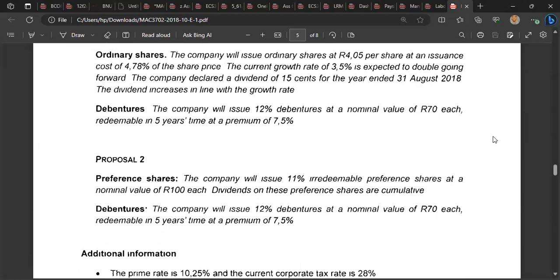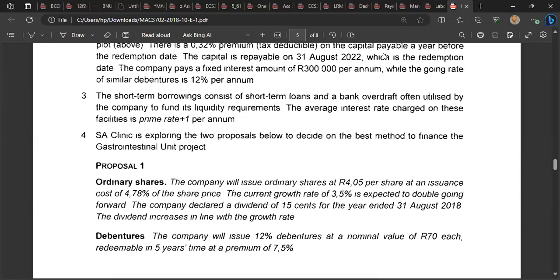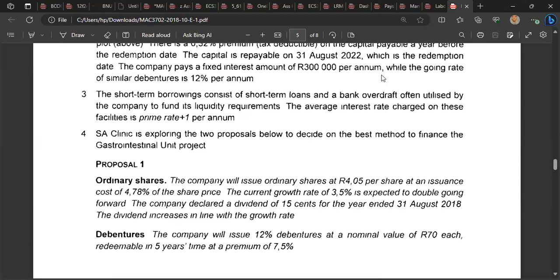From 2018 to the redemption date, which is 2022, we have 2019, 2020, 21, 2022. So we've got basically 4 years to this one where the capital is being repaid, and then the premium is repaid a year before.